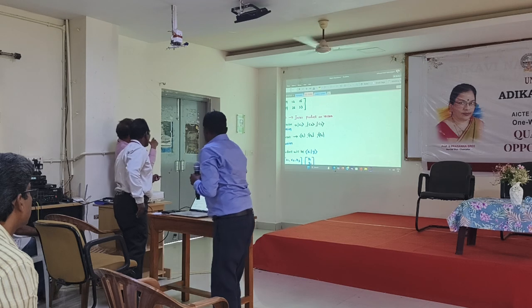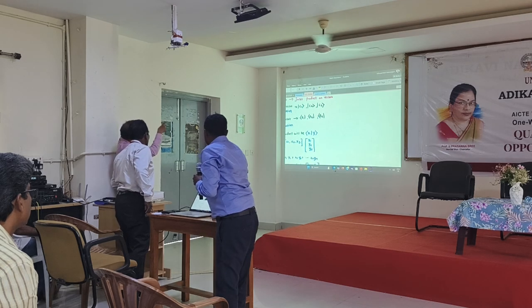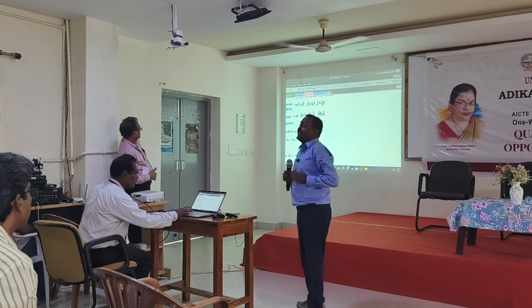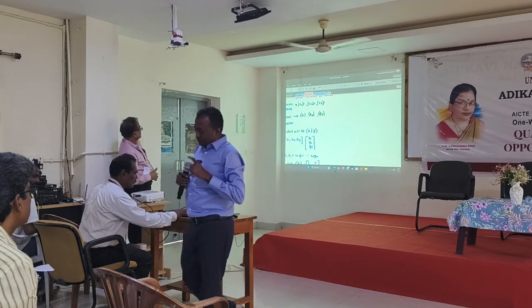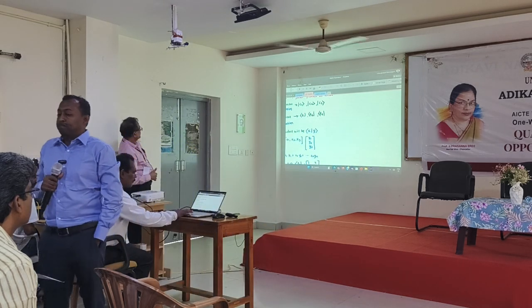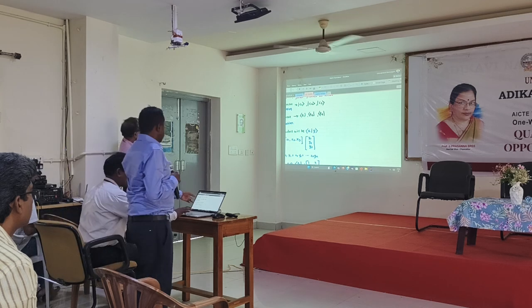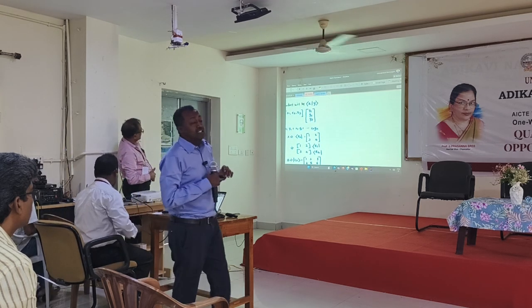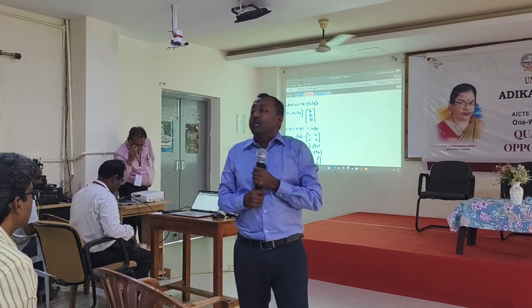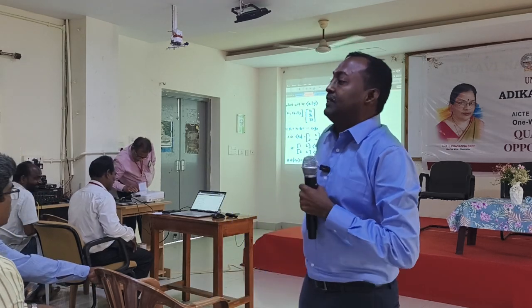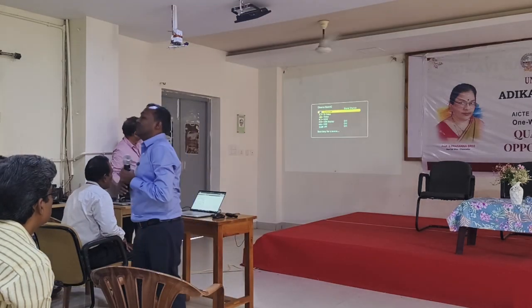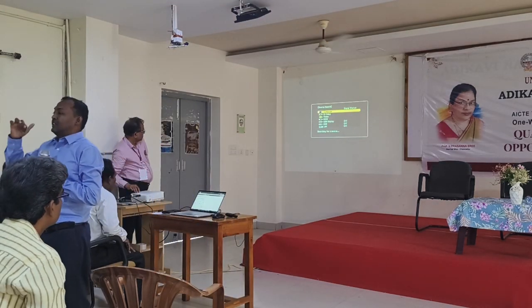The inner product will be bra X over ket Y. X1, X2, X3 is your column vector, and Y1, Y2 and Y3 is your row vector.